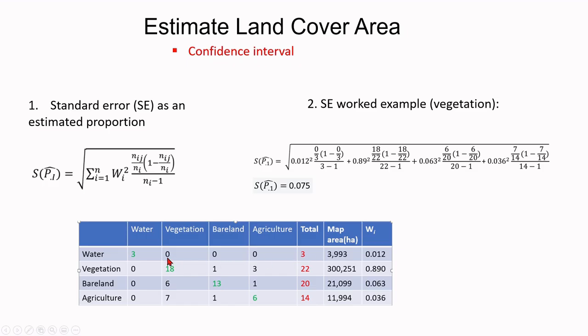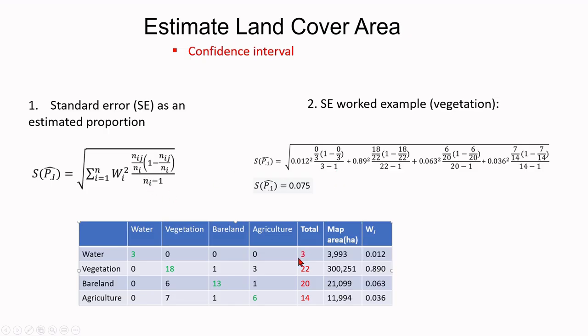This entry here is 0, so this is where you are going vertically: 0 over the total, which is 0 over 3, and then 1 minus 0 over 3, because we know this is 0 over 3. Then you divide by 3 minus 1, so that is given. You can see the total is 3 and you subtract 1 from it.